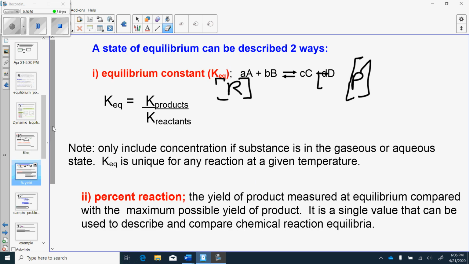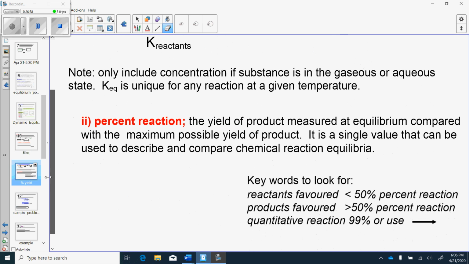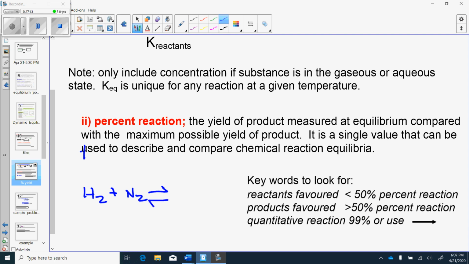For example, I won't take the time now, but let me do something quick. H2 plus N2 yields NH3, and sometimes we draw reverse arrows like that. We need to balance that.